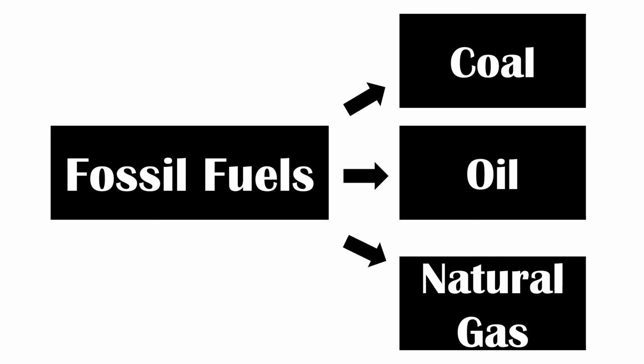Ibig sabihin, galing siya sa plant debris, kaya siya nabuo, and your oil and natural gas ay mula naman sa remnants ng living organisms, katulad ng marine organisms, malalaking animals, or microorganisms. And that is the end of this lesson. We will talk more about fossil fuels sa ating online class.